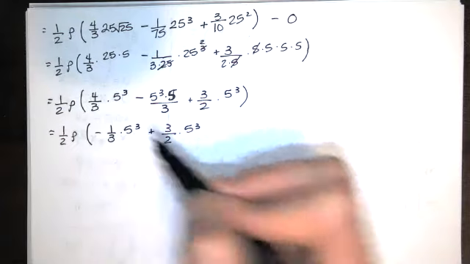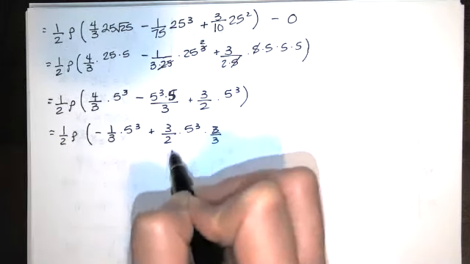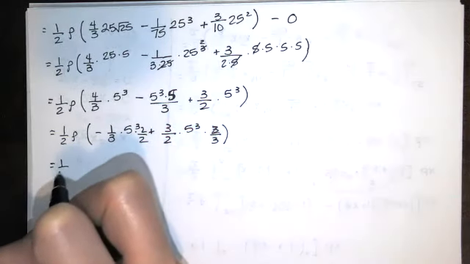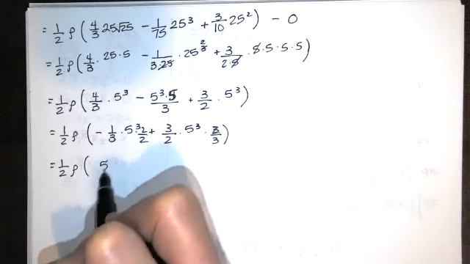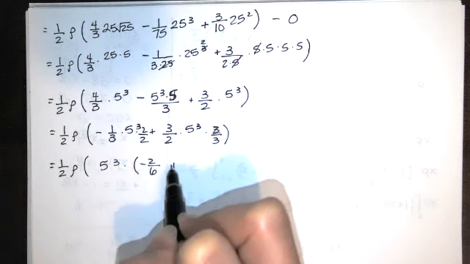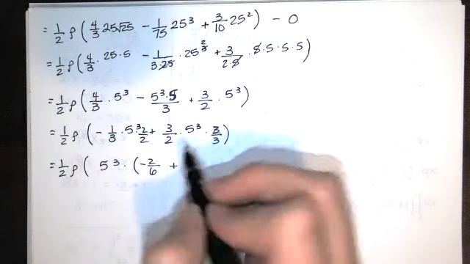Because we need a common denominator, so we'll multiply by 3 over 3 here to make that denominator a 6. Multiply this one by 2 over 2. And so what we end up with is 5 cubed times a negative 2/6 plus 5 cubed times 9 over 6.